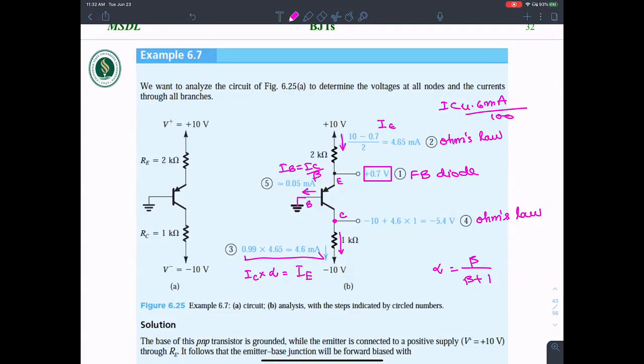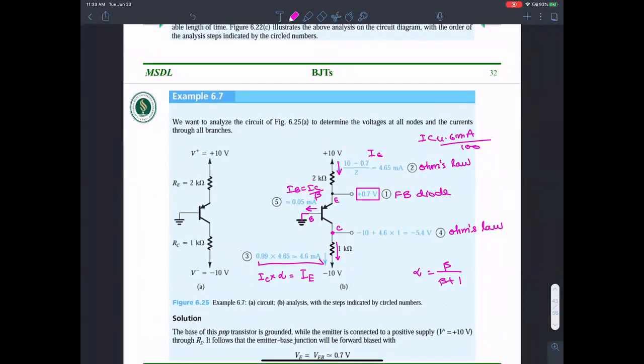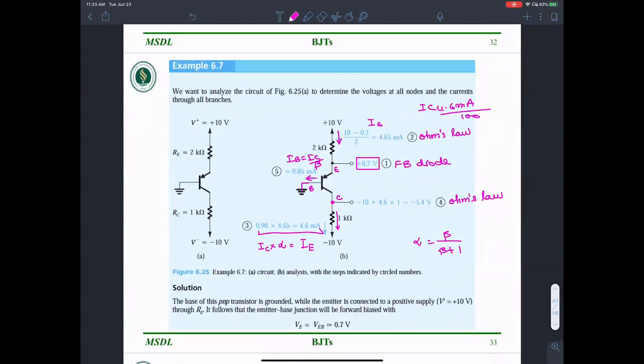Once you have IE, you should be able to calculate IC and IB. And once you have IC, you should be able to calculate VC. So that's Ohm's law used a couple of times, one application of the forward diode approximation, and then a couple of applications of the beta, alpha, IE, IB, IC relationships. Questions, please.